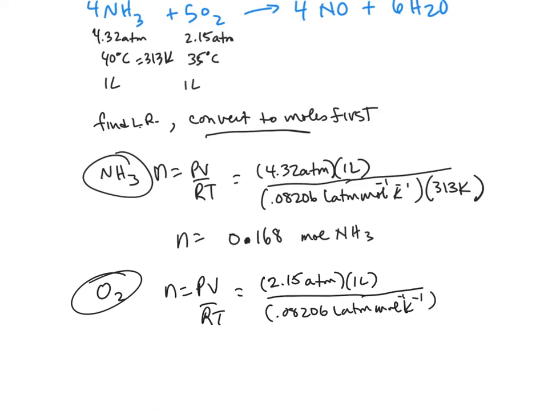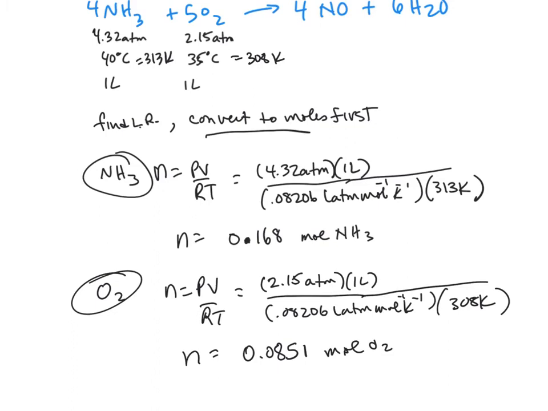And you really should put your units in there. They help keep you straight. And the temperature here is 308 Kelvin. You have to have it in Kelvin. So, in this case, it is 0.0851 moles of O2.